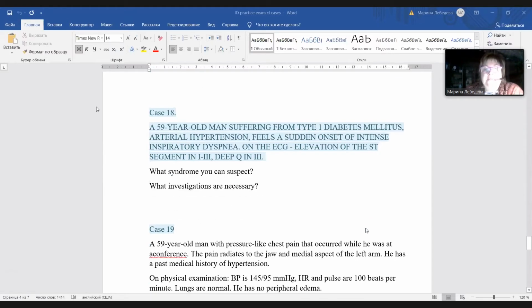Clinical case number 18. Acute myocardial infarction. You're quite right. So we investigate according to the standard procedure: myocardial biomarkers of necrosis. Then echocardiography and ECG are done. We just monitor it.